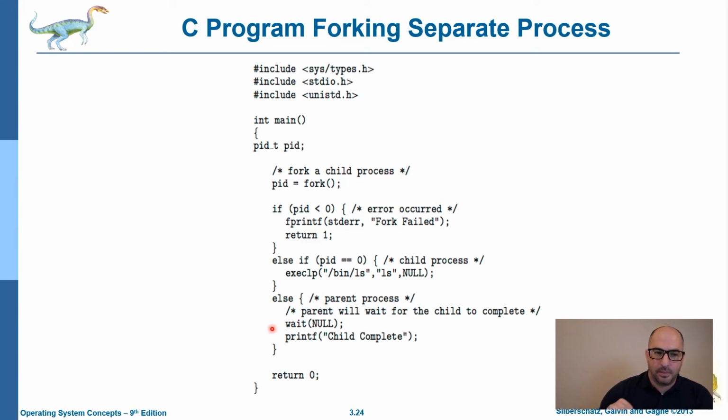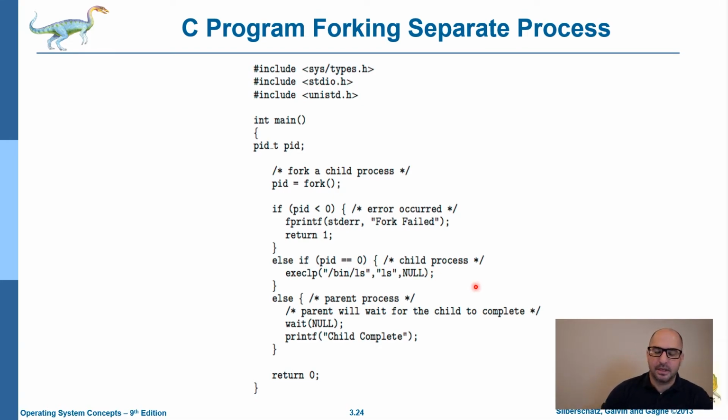The parent then waits for the child to complete its actions. The child begins execution at the same line. Is the PID less than 0? Well, it's not, because it's 0. It's in the child, so that's fine. But then if the PID is 0, the child says, oh, okay, replace me with this other program, ls.